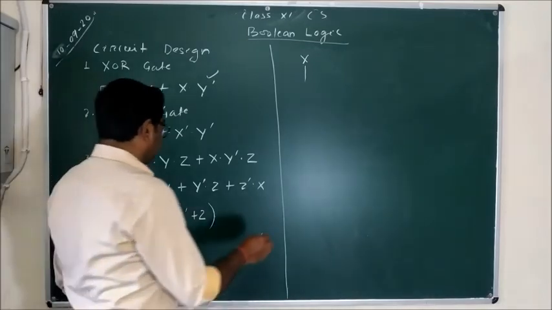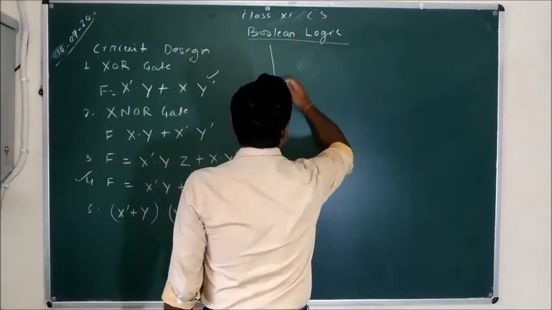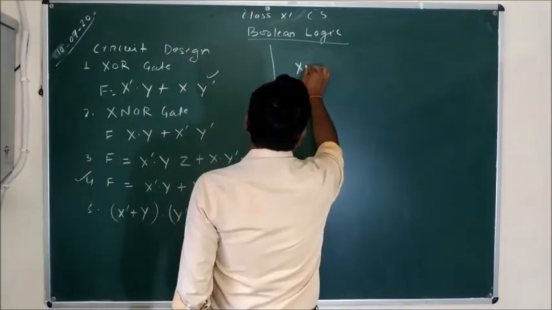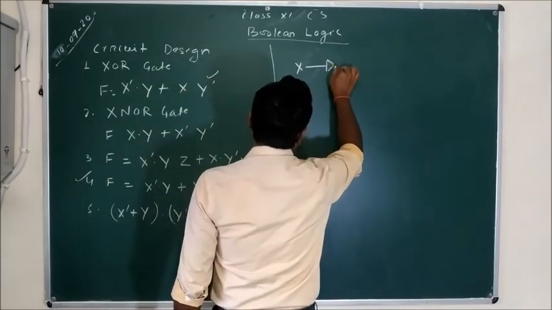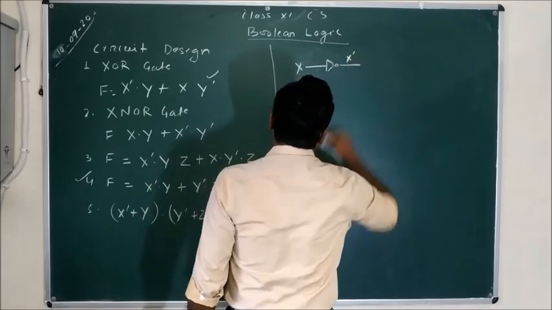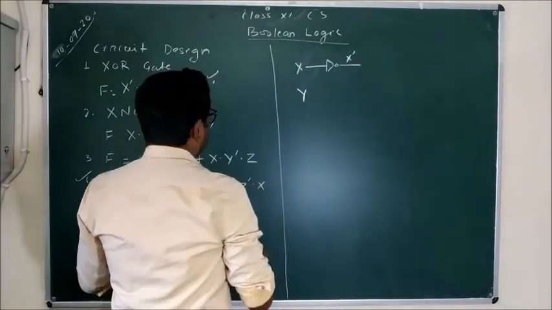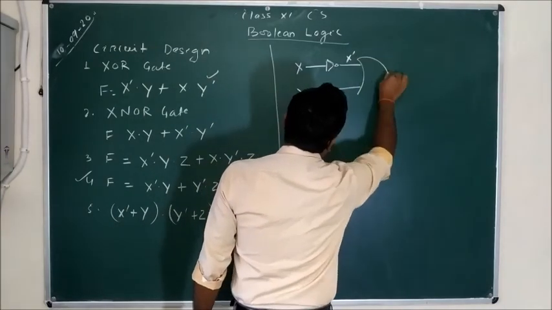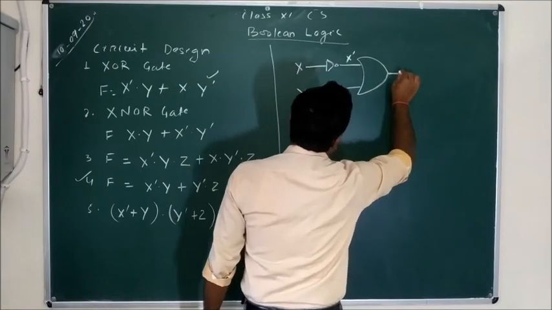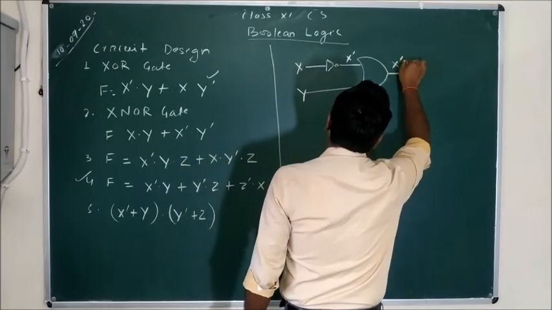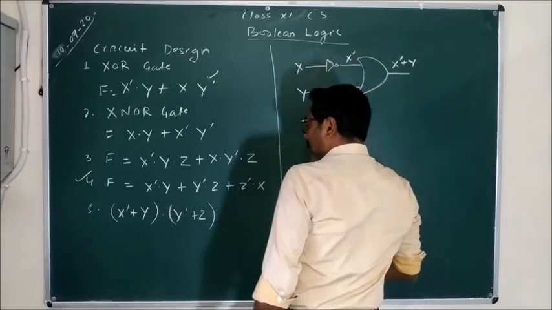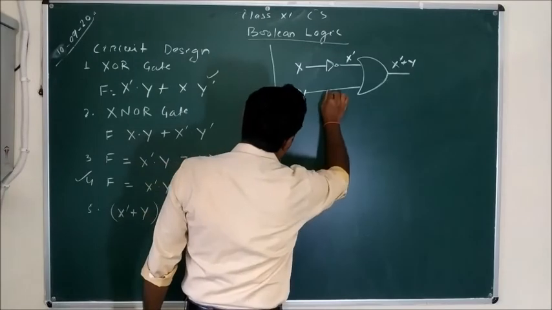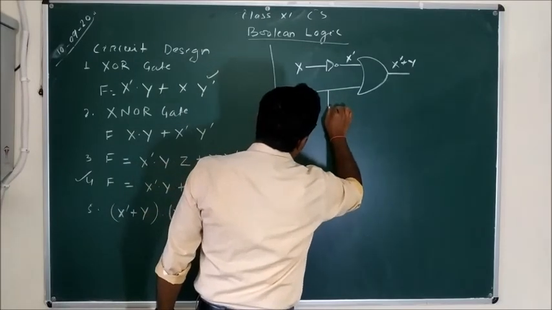So better, suppose x and y, x dash. So we have to pass x through NOT gate. We'll have x dash over here. Now plus y. So here both are passed through OR operator, so that we have x dash plus y. The second thing is y dash dot z. So z we have to take as another variable over here.